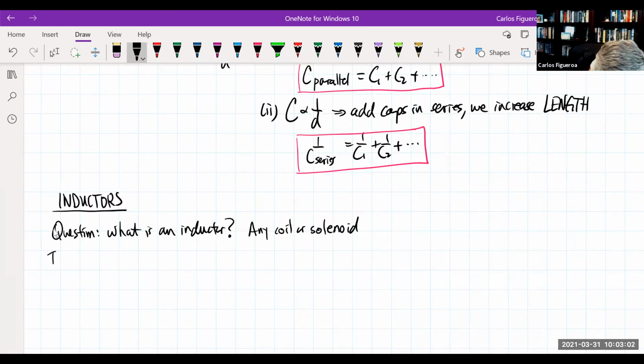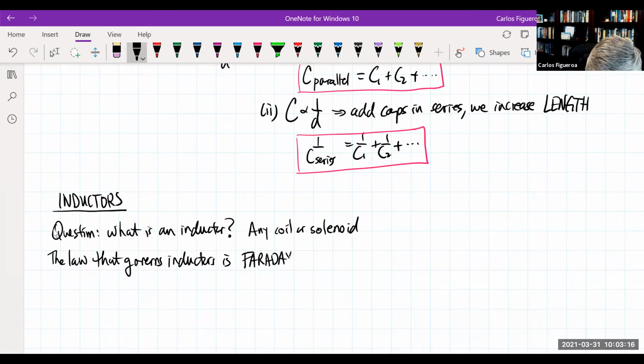So the law that governs inductors is Faraday's law. Right? The beautiful Faraday's law.